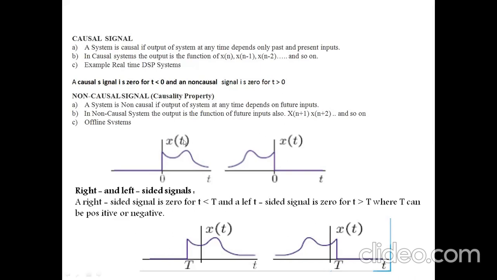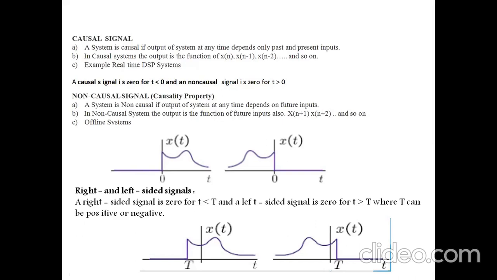If you look at this wave, x of t is varying with respect to t but only on the positive axis. On the negative axis, that is minus t, it is not varying. Similarly, a signal is said to be non-causal when its value is present for t less than 0.